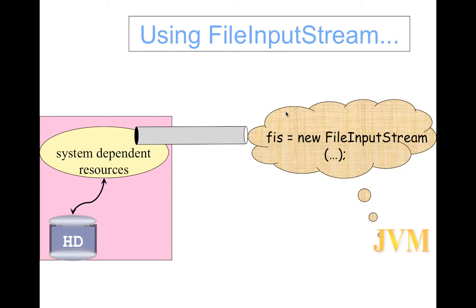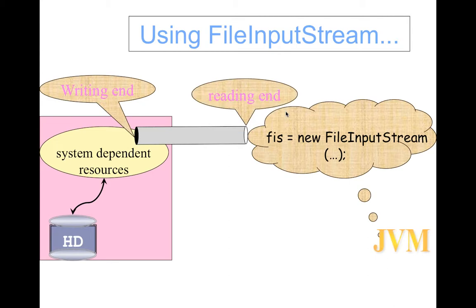So an input stream is being created, and it gets a handle on the hard disk. Say, for example, there is a file in the hard disk at some location. You're going to give that location. So the JVM, through FileInputStream, is establishing a stream onto the hard disk. Getting my point? Like if you write on one end, it gets displayed on the other end. Is it making sense? Okay.